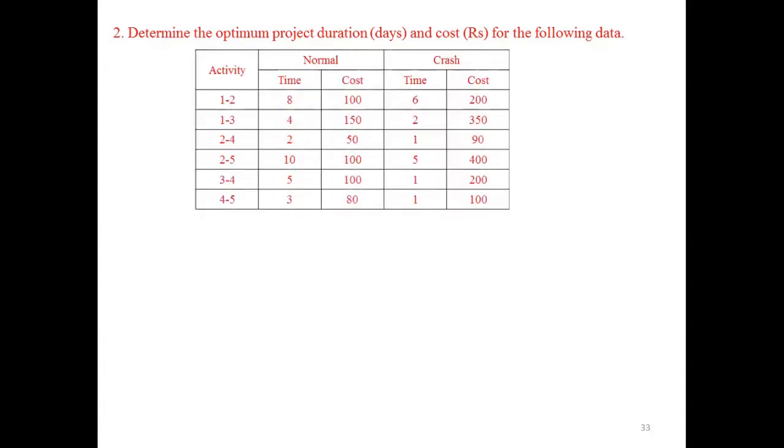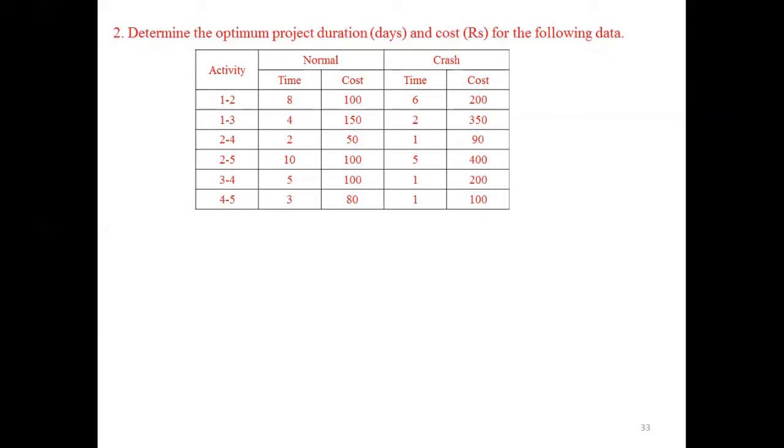Let us go for the second problem in crashing. Determine the optimum project duration in days and cost for the following data. They are given the activity, normal time, normal cost, crash time, crash cost.